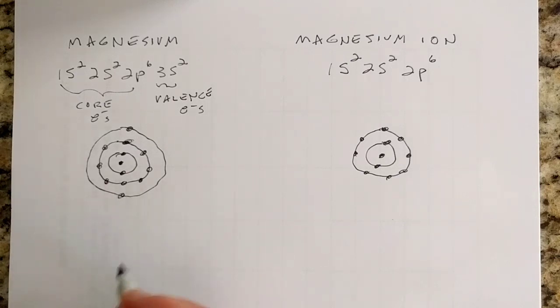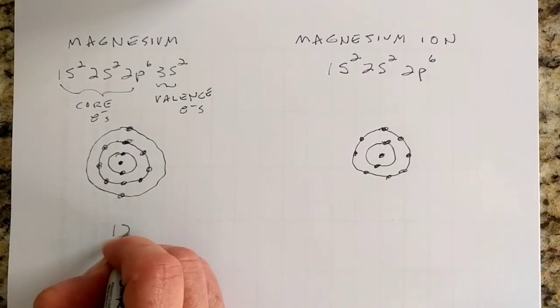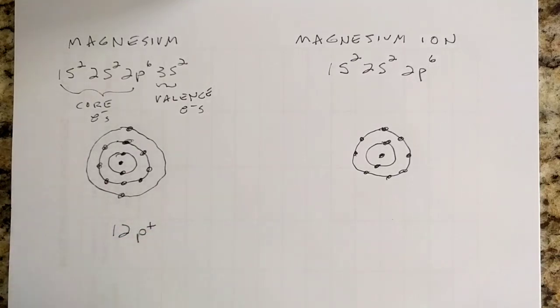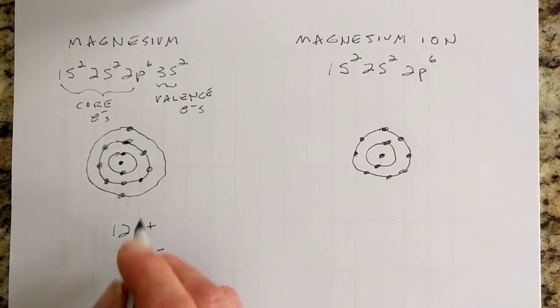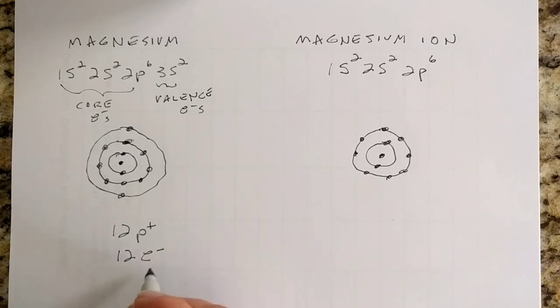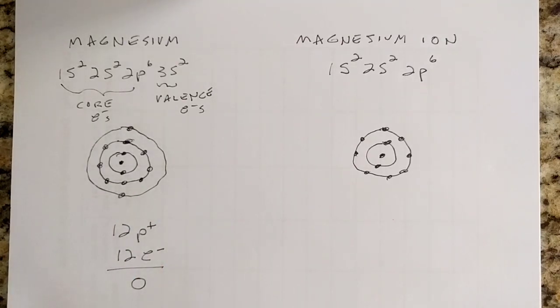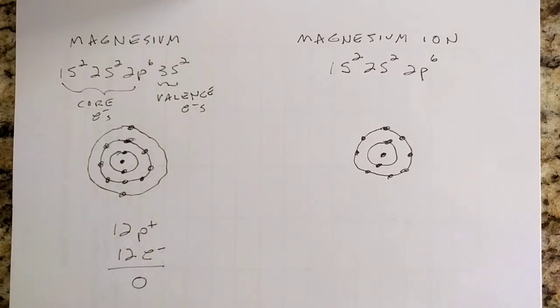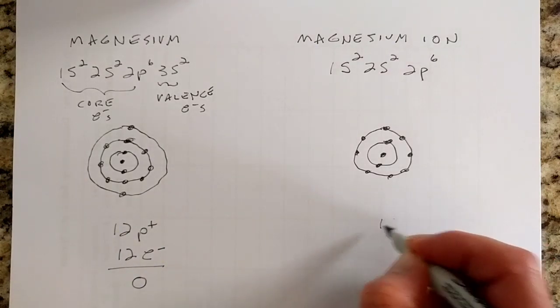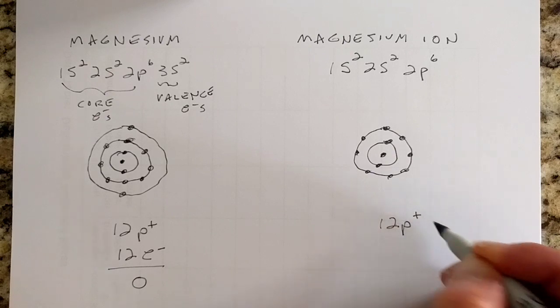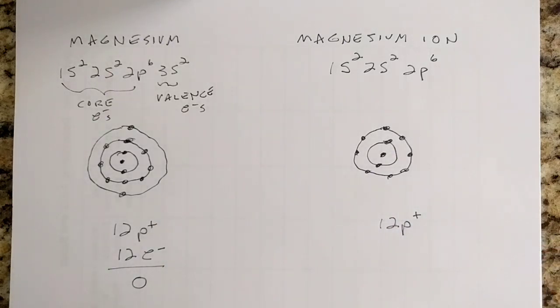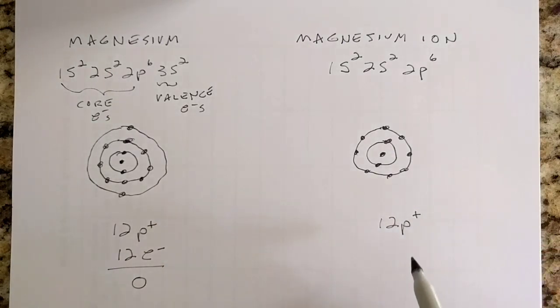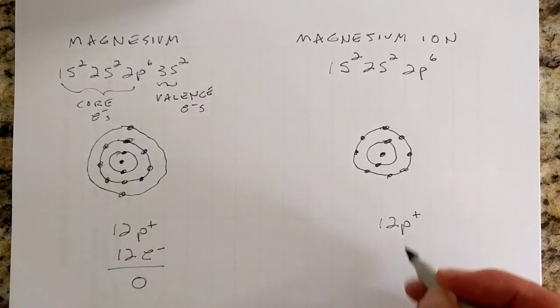For our magnesium atom, we have 12 protons in the nucleus and 12 electrons surrounding the nucleus for a total charge of 0. Plus 12 and minus 12 is equal to 0. For our magnesium ion, we still have 12 protons because it's element 12. But we've lost 2 of the 12 electrons, so now we only have 10 electrons left.